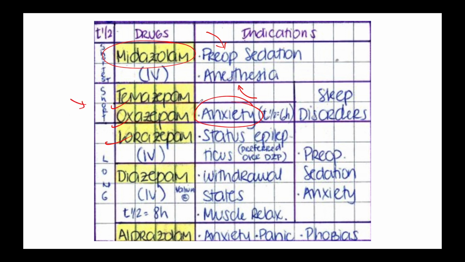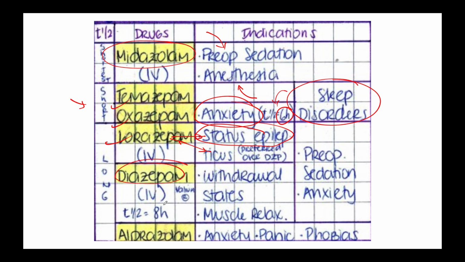They're used to treat anxiety, because their half-life is about 6 hours. They are used in sleep disorders. Lorazepam is also used in status epilepticus, and lorazepam is preferred over diazepam for this purpose.